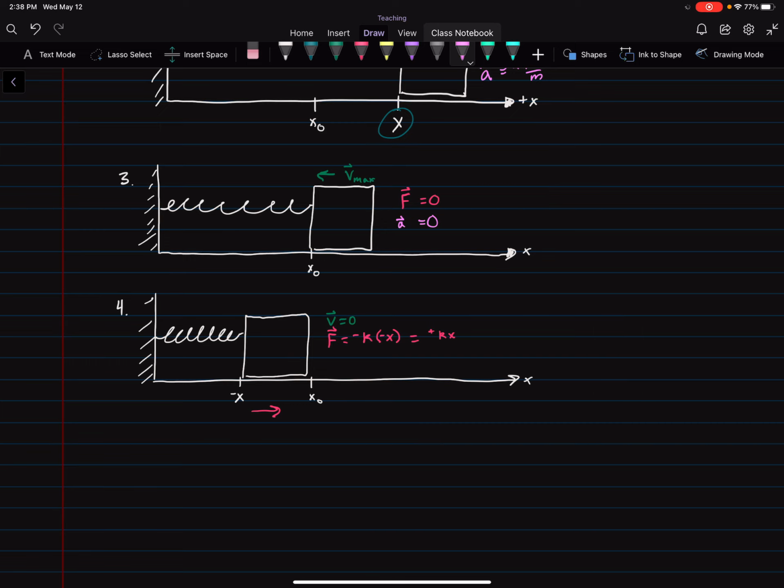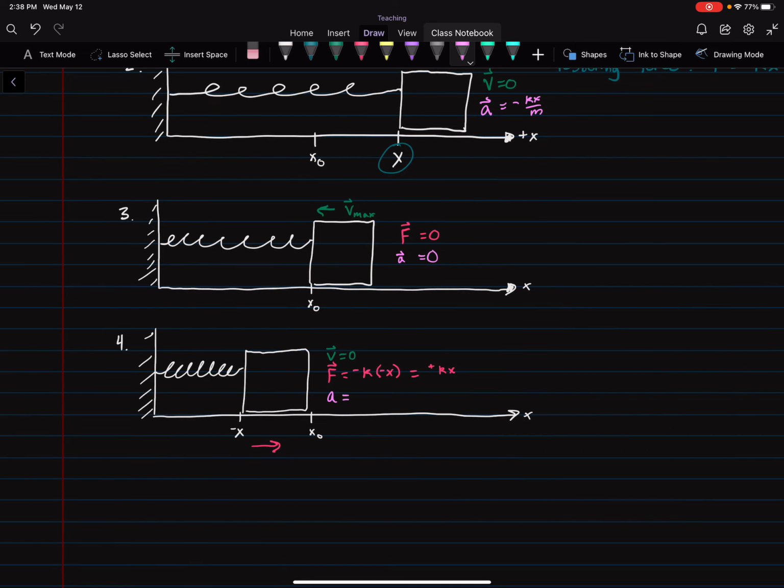And then the acceleration is yet again the negative kx, but you plug in the negative x. I'll do it this way again. So it's positive kx over m. So acceleration is in the positive direction as well, and it's as large as it ever will be because you have the most negative x, the largest displacement off to the left that you're plugging into that.